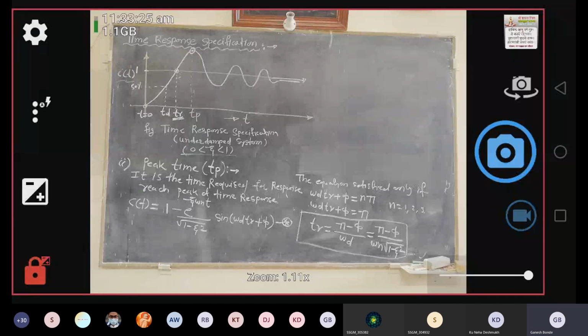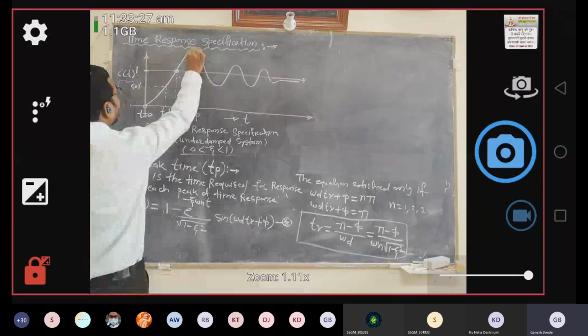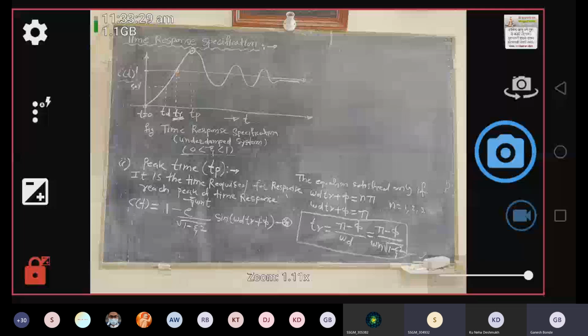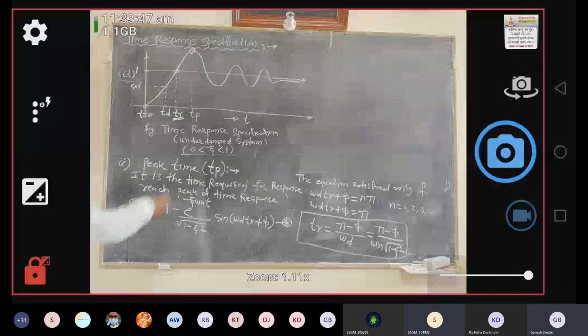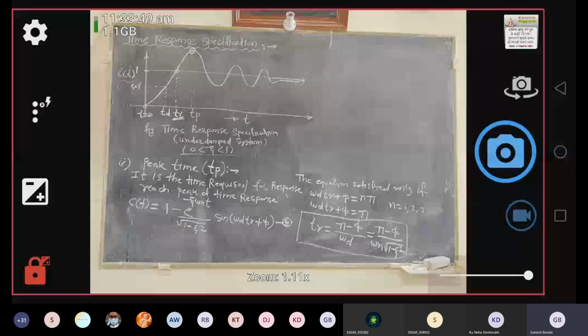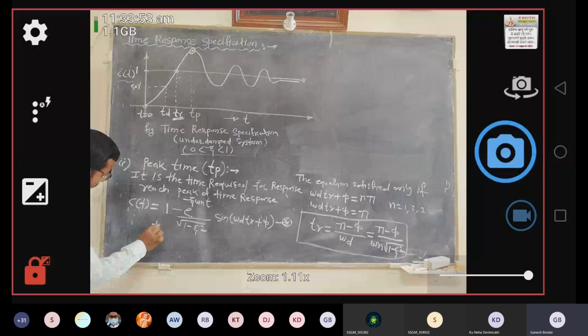The slope of the time response becomes 0 at this peak point. Am I correct? So therefore, we just differentiate this C of T with respect to time T. How will you detect the point corresponding to T is equal to TP?